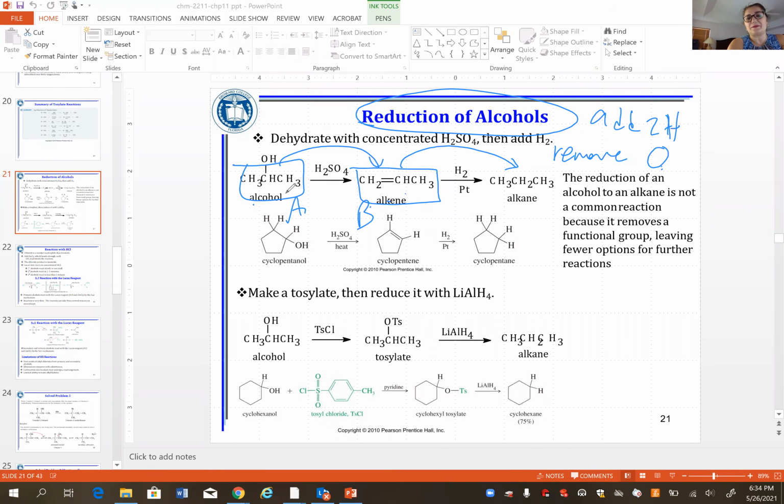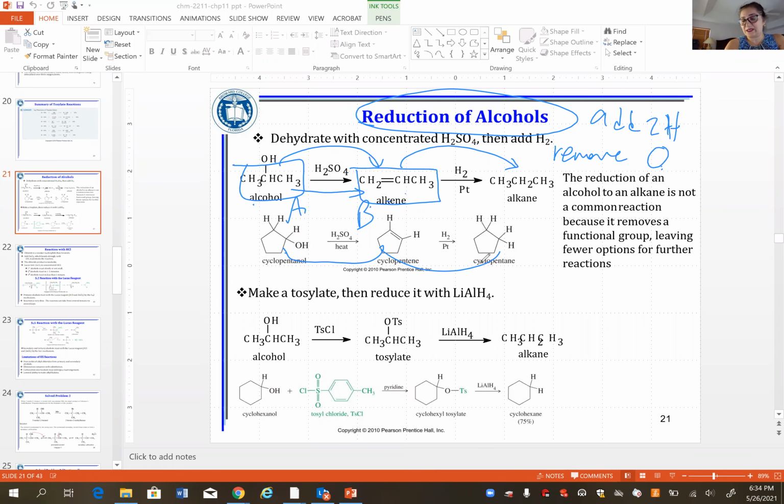So in the first step, you're not done with reduction. You have to continue with the next step and add the 2 hydrogen in order to get to the alkane, which is the reduced form of the alcohol. And you have another example here. So alcohol indirect reduction: first dehydration and then hydrogenation.